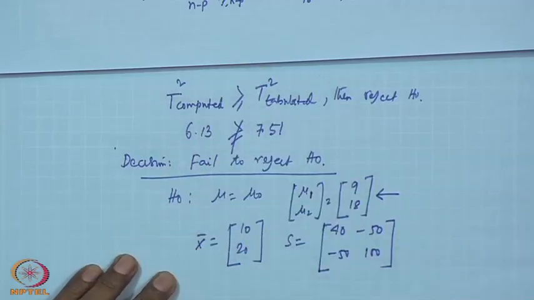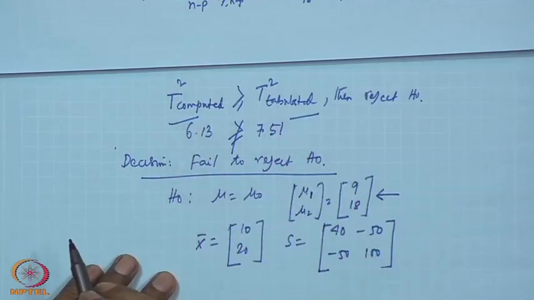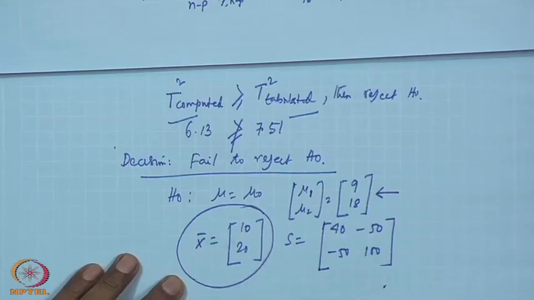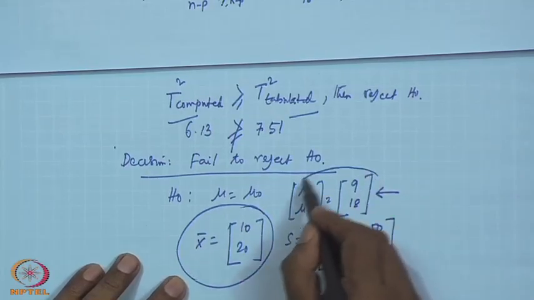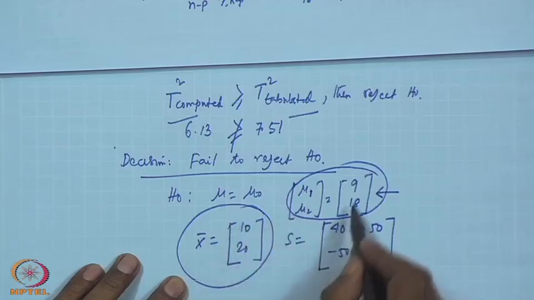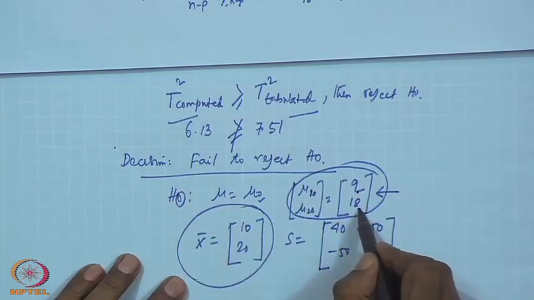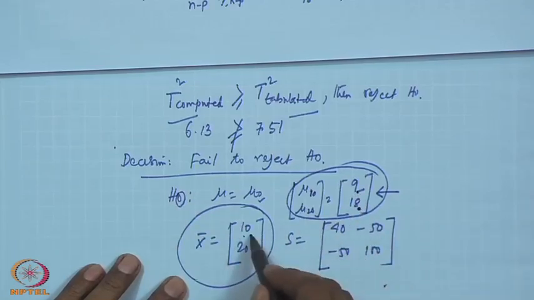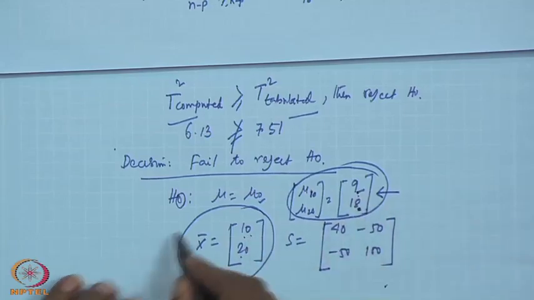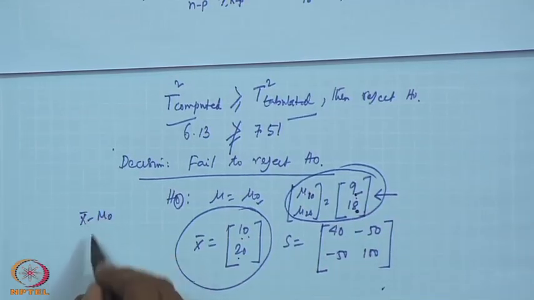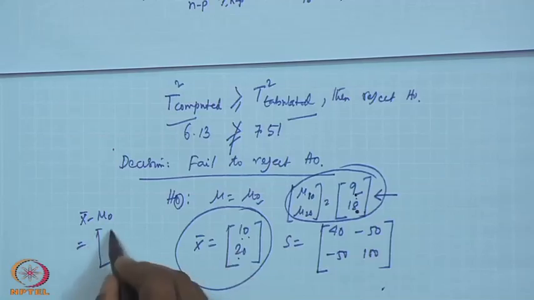And now you know the population characteristics, and based on this T square computed and T square tabulated, both are computed. What is x bar? 10, 20. Now, you are creating a null hypothesis like this, mu 10 and mu 20, just to give this 0 notation, 9 and 18. So, the difference x bar minus mu 0 is 10 minus 9 is 1 and 2.